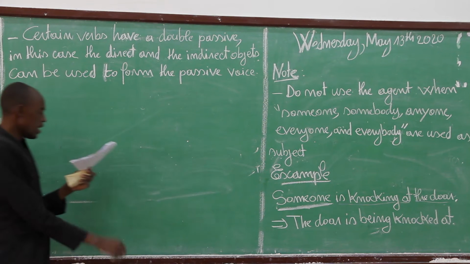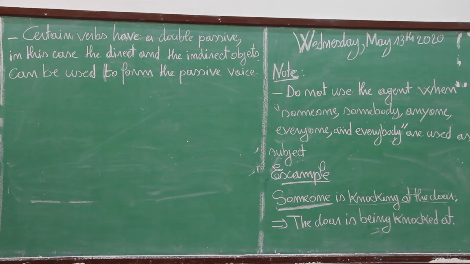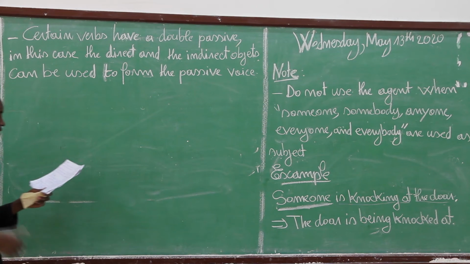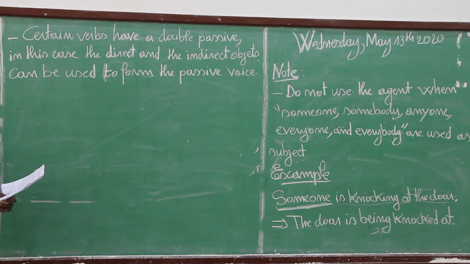Okay, here we are in the case of sentences in which we can have or we can see two objects.